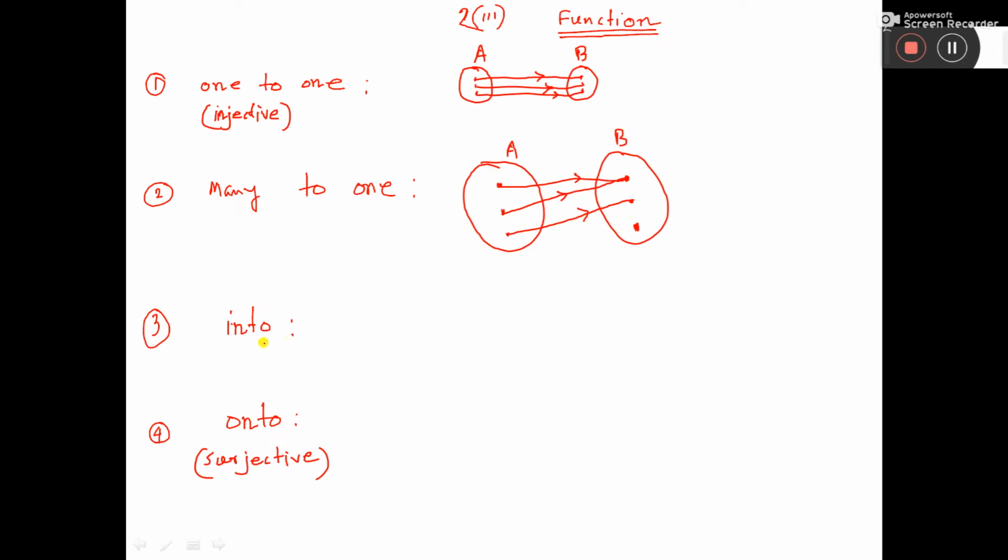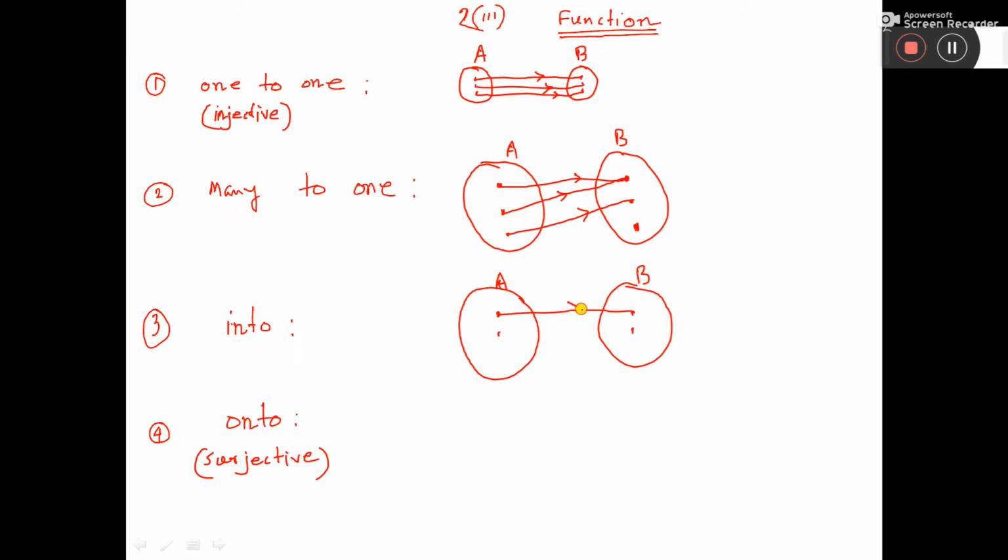But you see, into function is telling that there are two sets A and B. Here, in this set B, there will be no extra element.